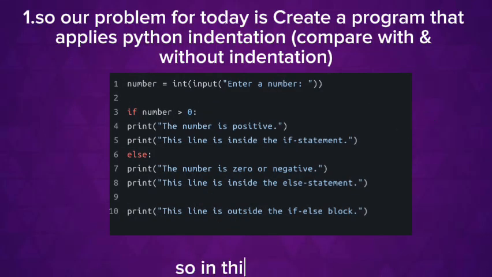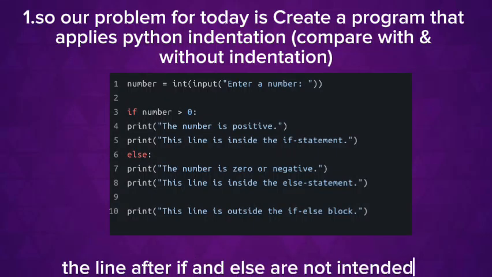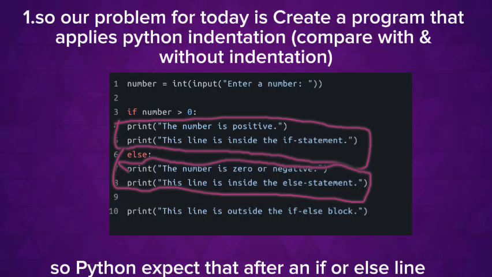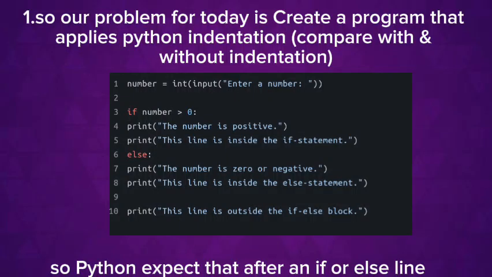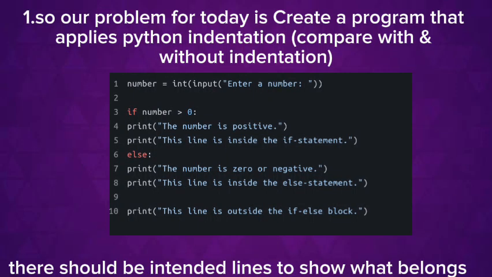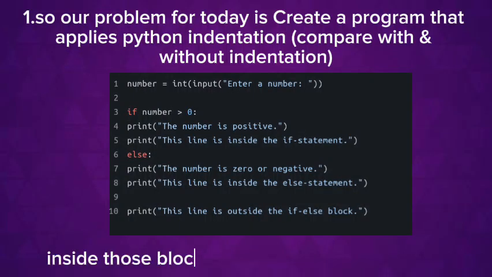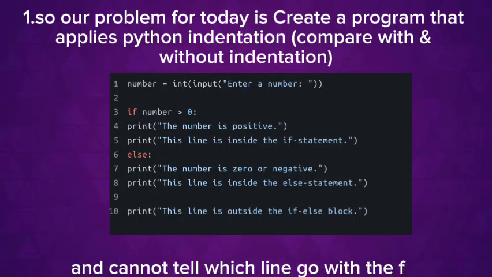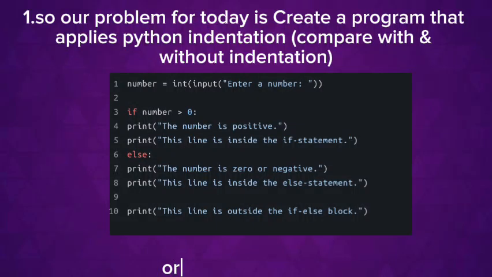So in this code, the lines after if and else are not indented. Python expects that after an if or else line, there should be indented lines to show what belongs inside those blocks. But since there are none, Python gets confused and cannot tell which lines go with the if or else.